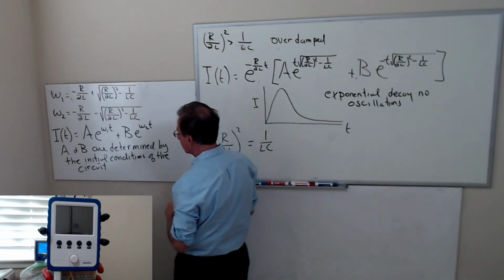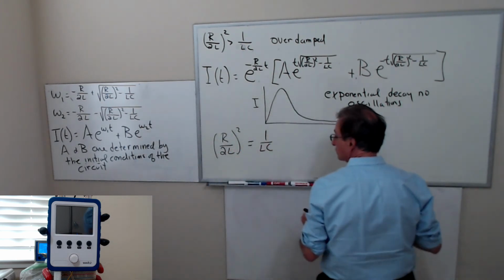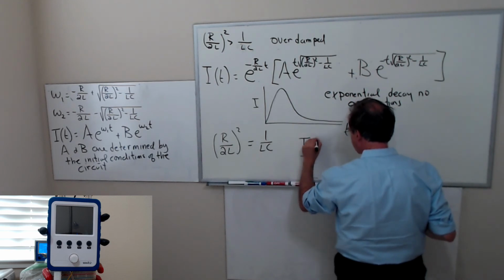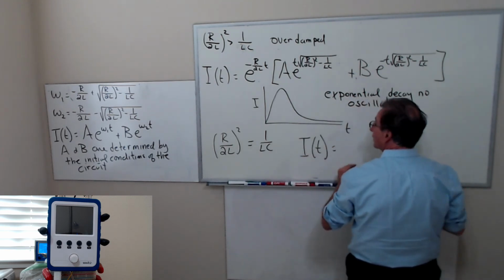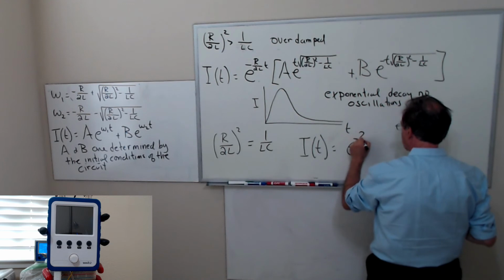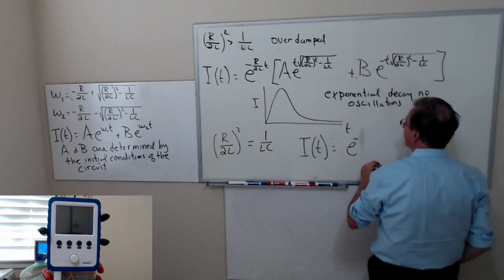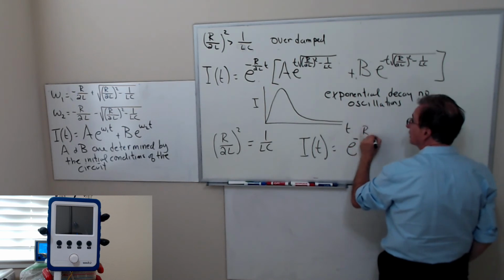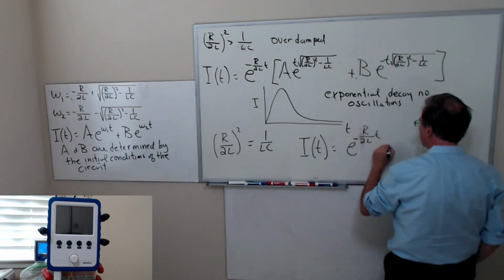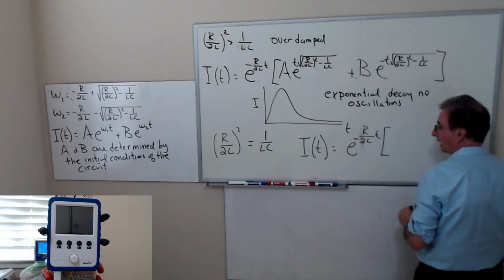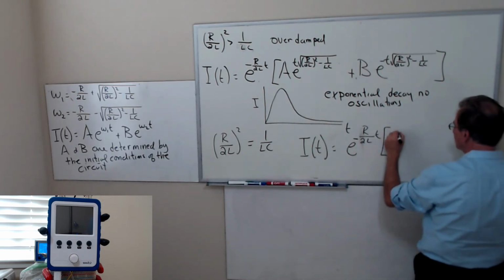If that's the case, then what happens to this term? It goes to 0. So then I looks like this. It should just be A. Well, I don't want to spend time doing the considerations.